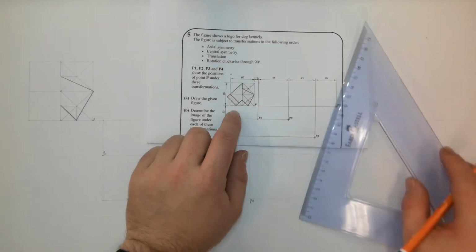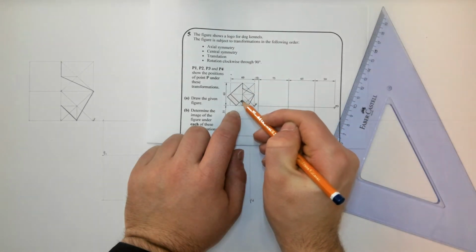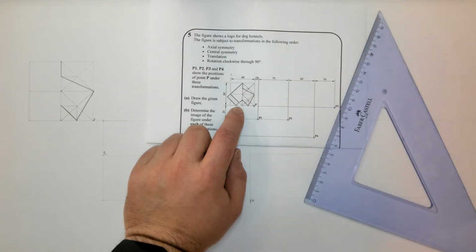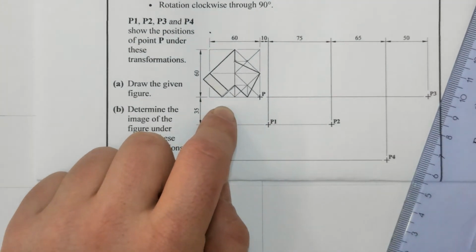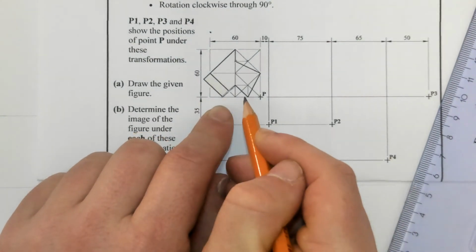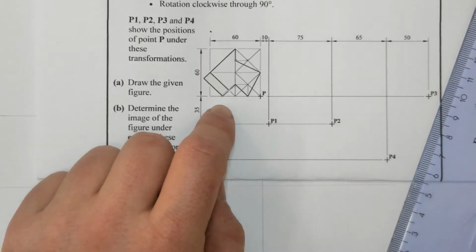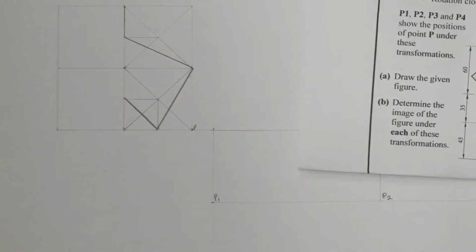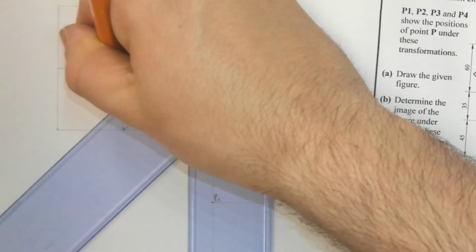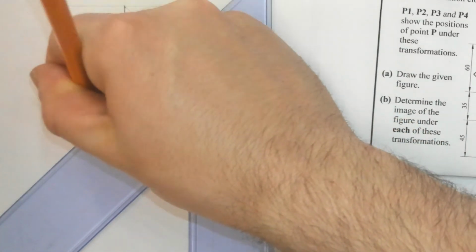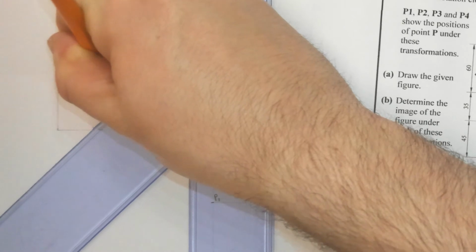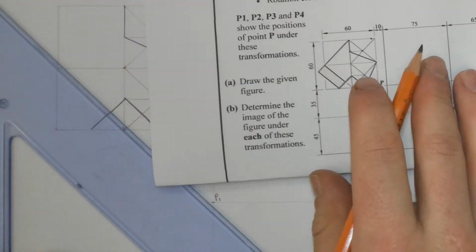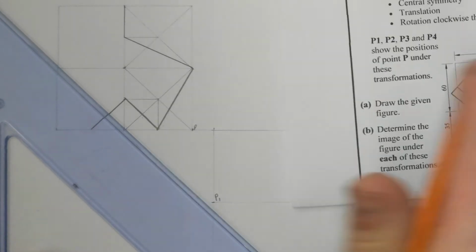Now I'm ready to do the left hand side. Okay, so that's basically a mirror image of the right. So I can just draw a 45-degree line in here. Right, now this line here is a 45-degree line.